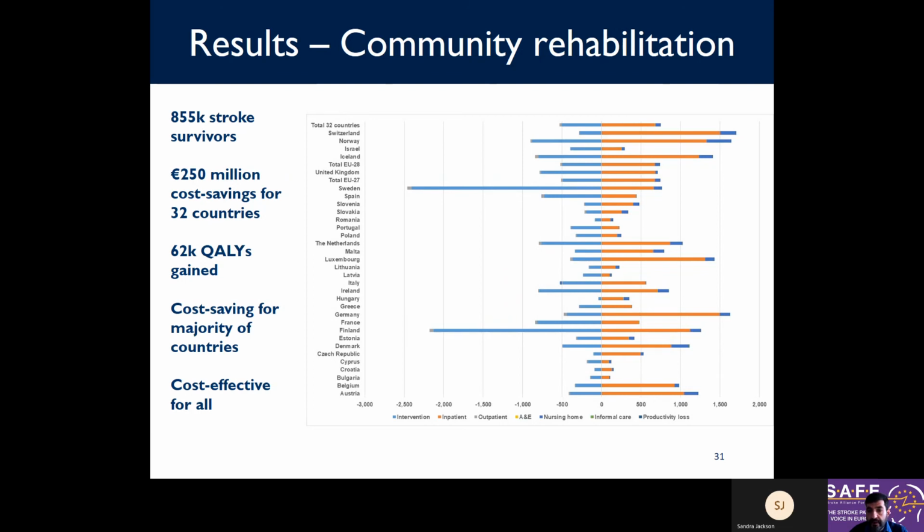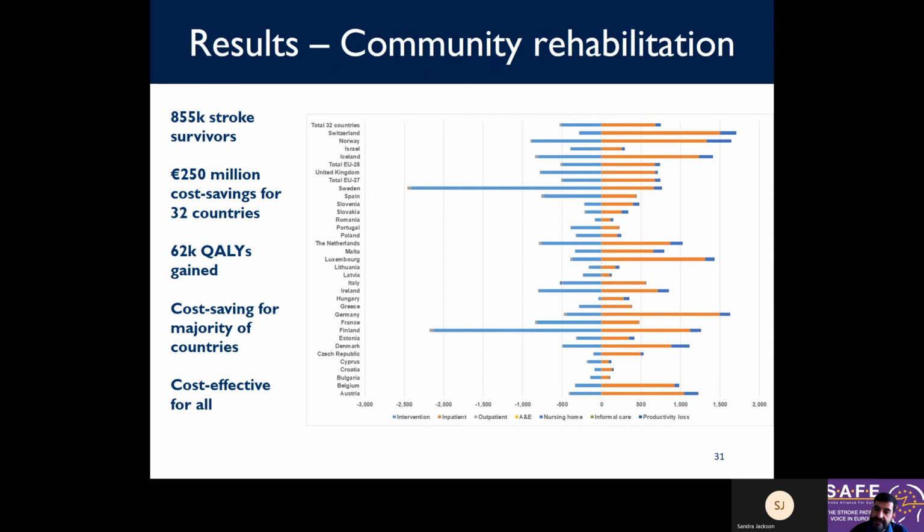As you can see from the graph, for most countries, the savings generated by community rehabilitation outweigh the cost of providing that rehabilitation. And it would be cost saving for all countries except the richest countries like Sweden or Finland in Europe.